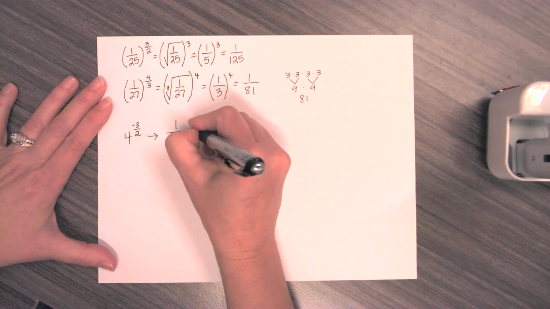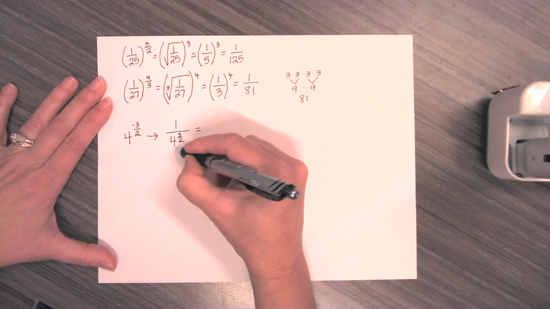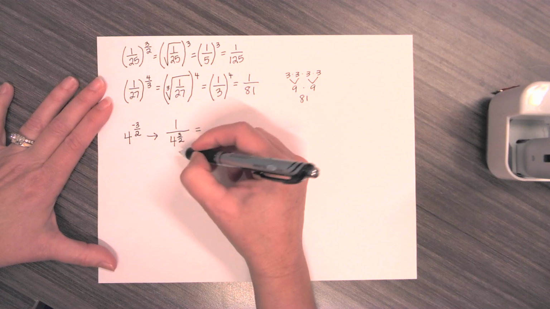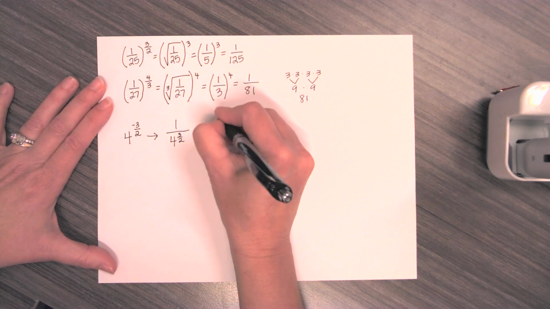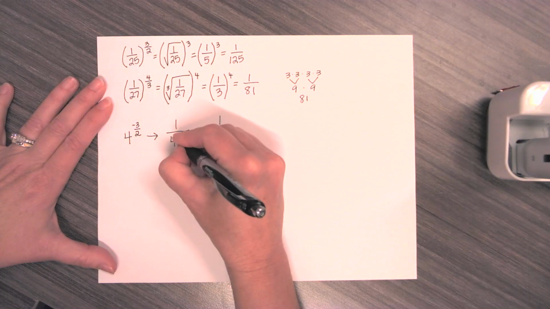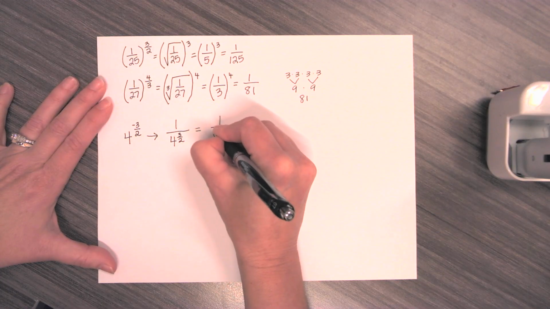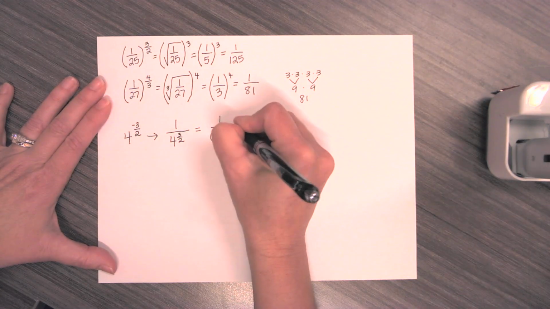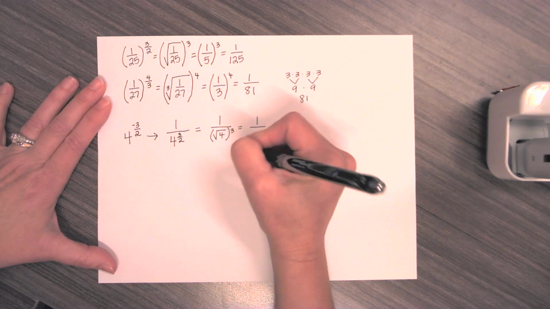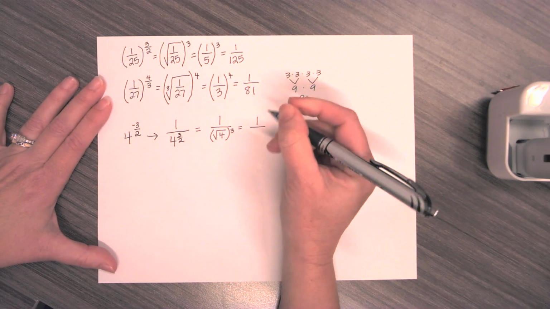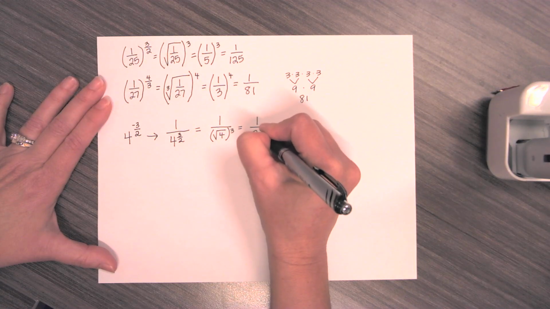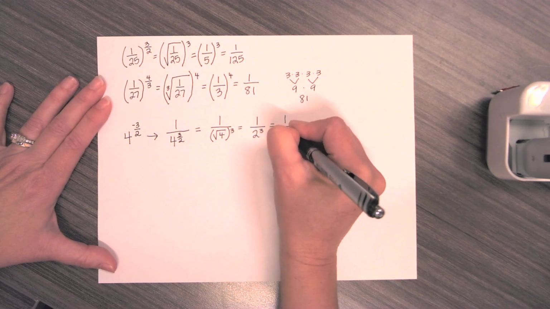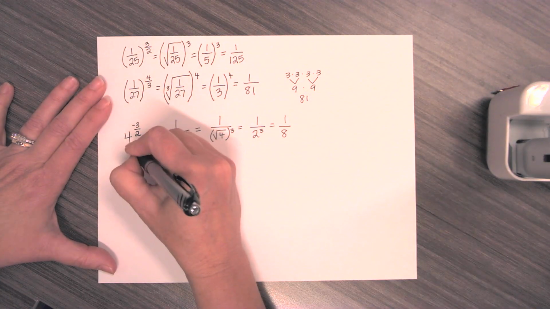And then we can go from there and we can try to evaluate this denominator here. And we would do that by taking the bottom number, that's the root, so square root of 4, and then raising that to the third power. Okay, so the square root of 4 is 2, and 2 to the third power is 8. So that gives us 1/8.